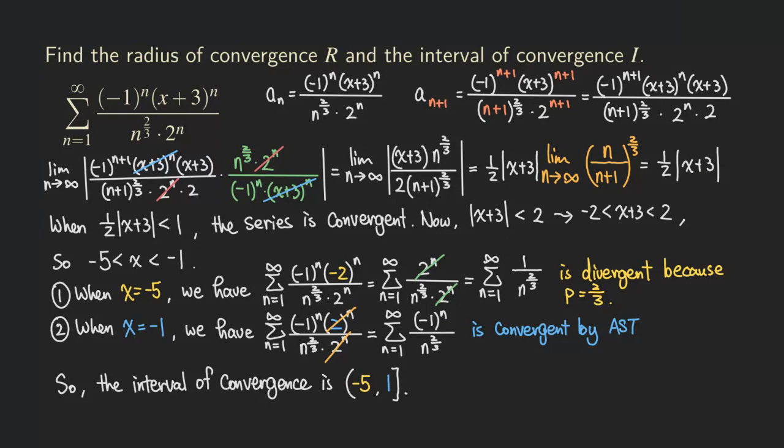And then you may say, now we also need to find the radius of convergence, right? How do we find that? Once you have the interval of convergence, finding the radius of convergence is also easy. Think of it as a series with the center at x equals -3, because the center is whatever makes this x plus 3 equal to 0, so x must be -3 in this case.